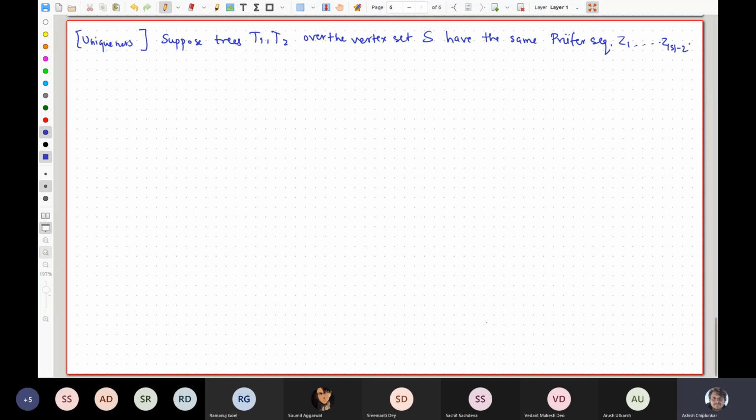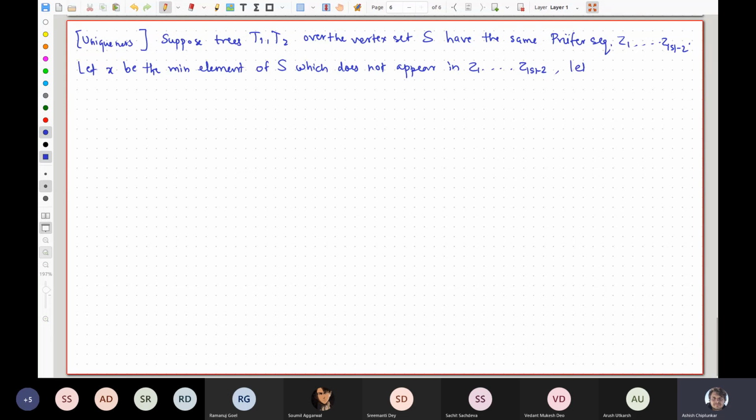Now we want to prove that T1 and T2 are in fact the same tree. So let X be the minimum element of S which does not appear in Z1 to Z size of S minus 2.